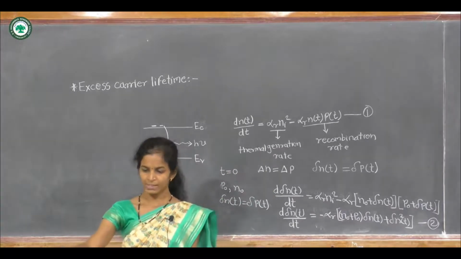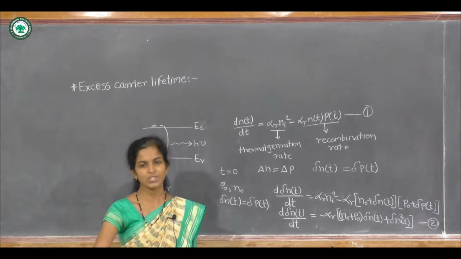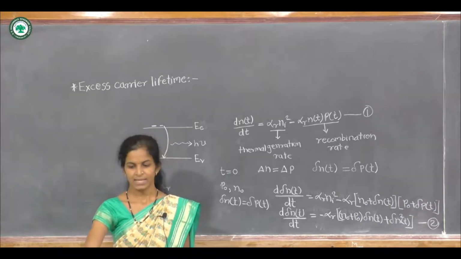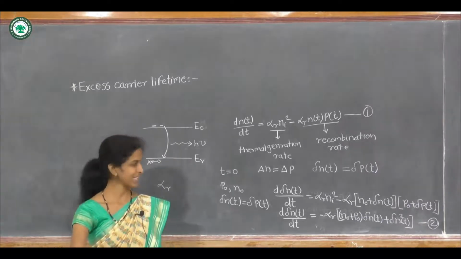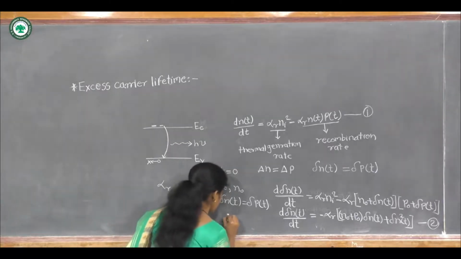This non-linear equation can be simplified for the case of low level injection. If the excess carrier concentrations are small, we can neglect the term delta n(t) square.